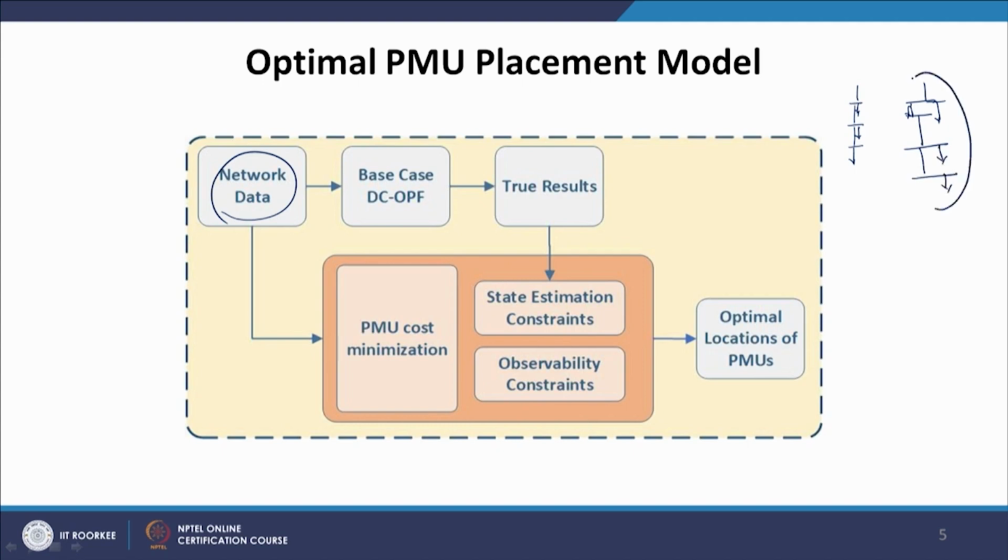So, this is one distribution system, this is another distribution system, and the two can be connected. So, this is one of my microgrids, this is another microgrid, and this is a cluster of microgrids that becomes an overall system.